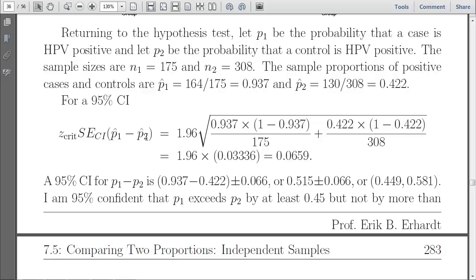Our standard error, if you plug everything in for a confidence interval, so we're plugging in our estimates here, gives us a standard error of 0.066. So our confidence interval for this difference is about 51% plus or minus 6%. So the difference is somewhere between 45% and 58%. That's a huge difference between two groups.